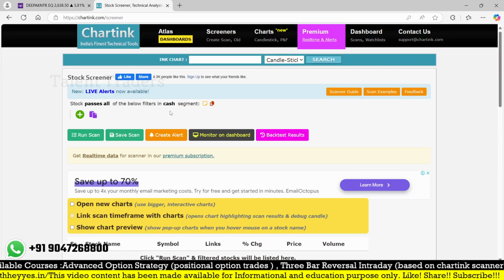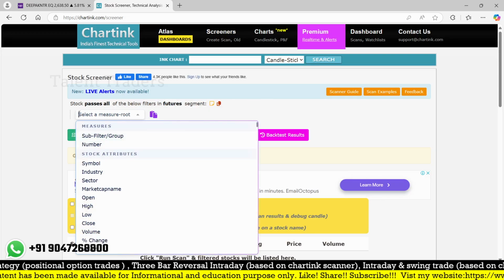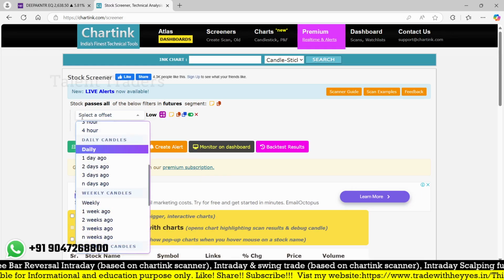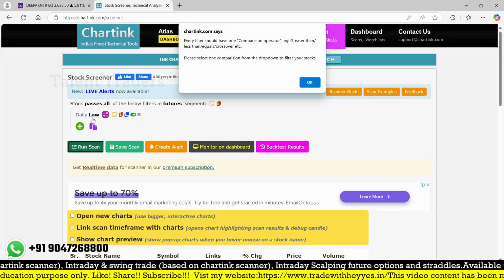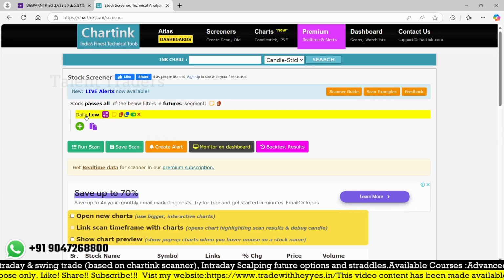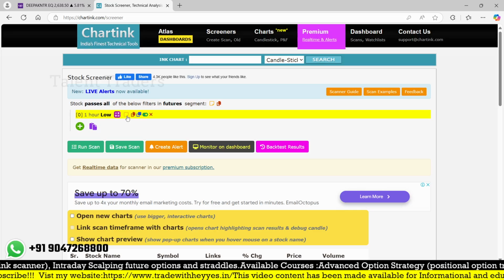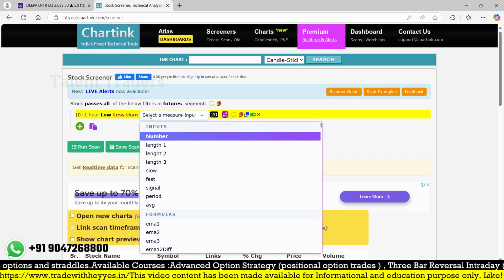If you are adding such a condition, I'm using futures and options, so the low of that particular candle. I'm using a 60 minutes time frame, so 1 hour time frame. Let me try with that: the 60 minutes time frame low must be less than Camarilla.